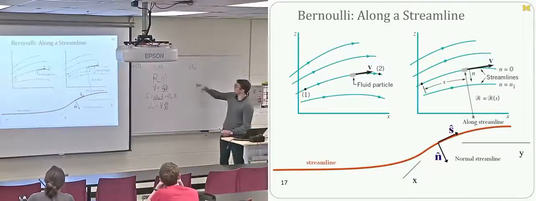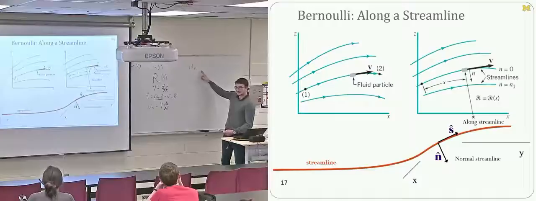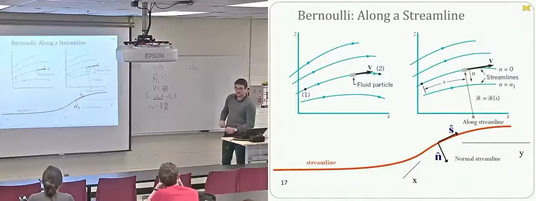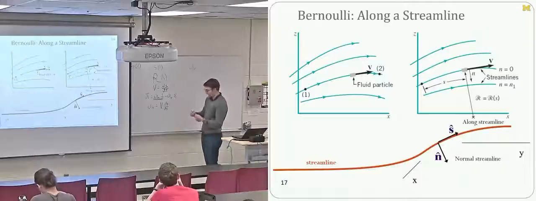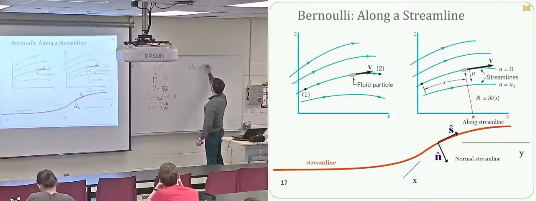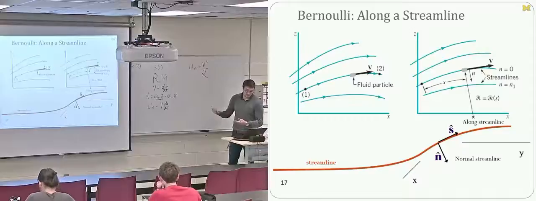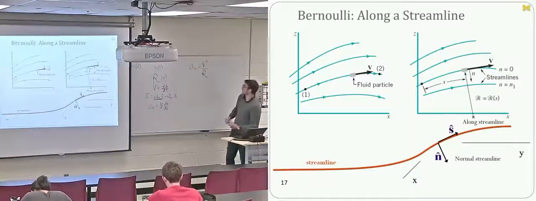How would you write that? What's the generic equation for radial acceleration directed towards the center of a circular arc? Is it velocity over radius of curvature? That's close. V squared over R. So V squared over the radius of curvature, and that's it for your normal acceleration.